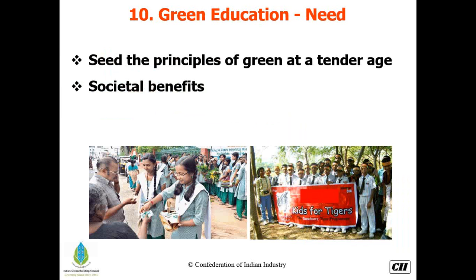And last but not least, green education. We have been talking about green only for the past decades, but the students are going to see the future decades, so educating them on the environment and sustainable ways of living is very important now, because we are facing problems like pollution, water shortage, and less electricity produced.